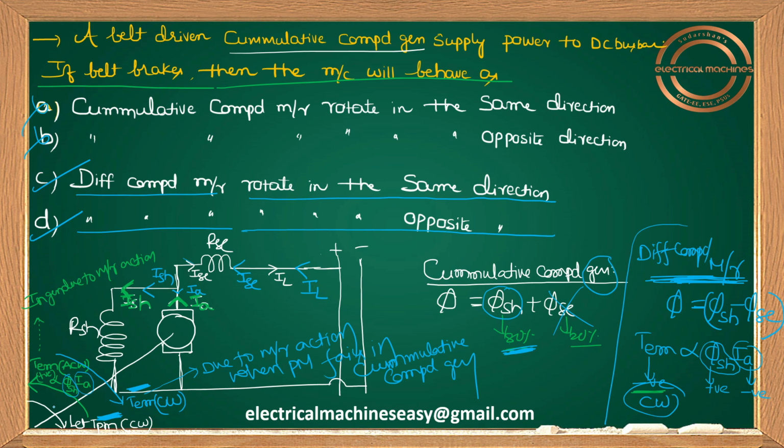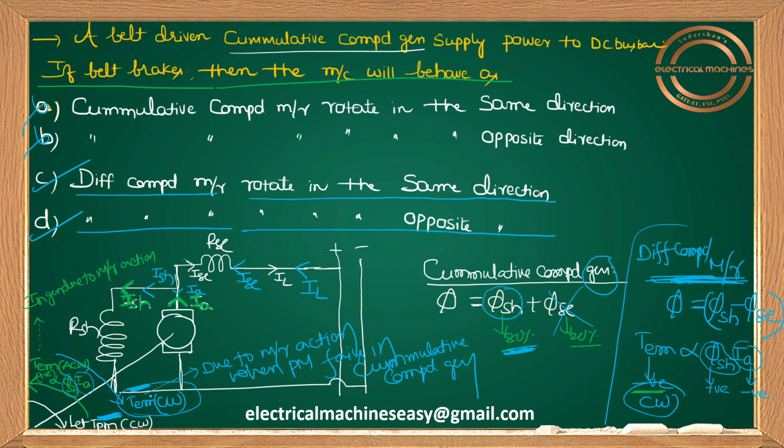Whenever the prime mover fails, it acts as a motor, so because of motor action I get electromagnetic torque. If you want to know the direction of this electromagnetic torque, I need one more torque, which is the prime mover torque. In a generator, because of motor action, the electromagnetic torque will come, and it will be opposite to T_PM.